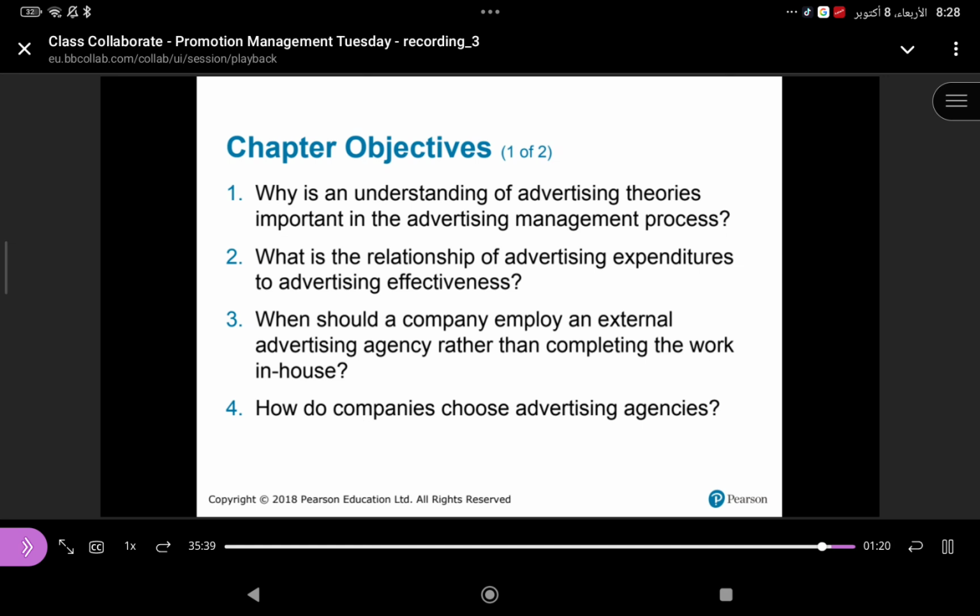When we have integrated marketing communication, all the different concepts like advertising and different promotional tools combine together to give the final impact on the customers and make them feel that they need this kind of a product.